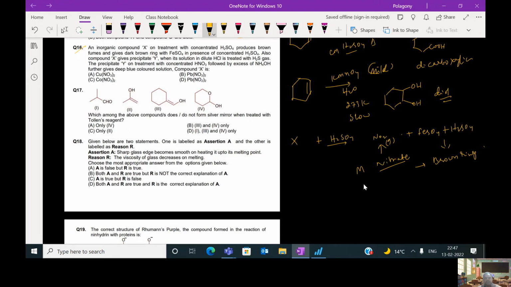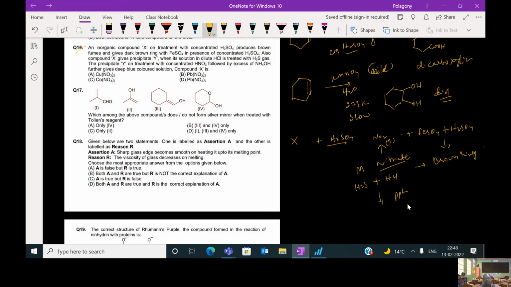Also, compound X gives a precipitate Y with HCl and H2S gas.